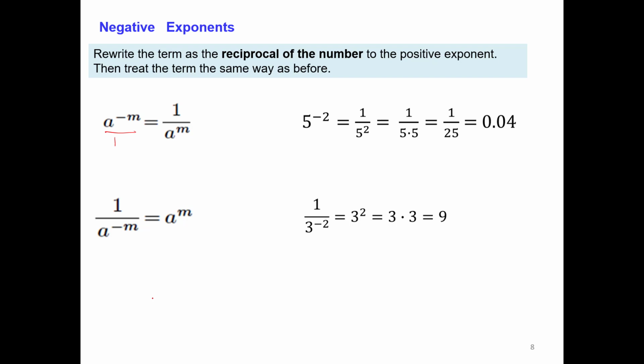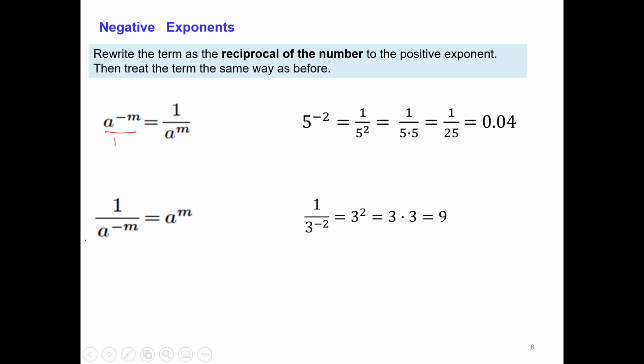Also, if the negative exponent is in the denominator, to change it into a positive exponent, you just flip the fraction: move it to the top and change the sign. In other words, to change the sign of the exponent, just flip the fraction. If the negative exponent is on top, move it to the bottom.